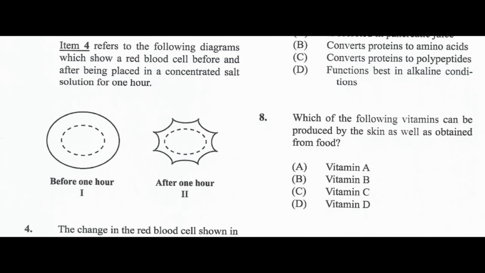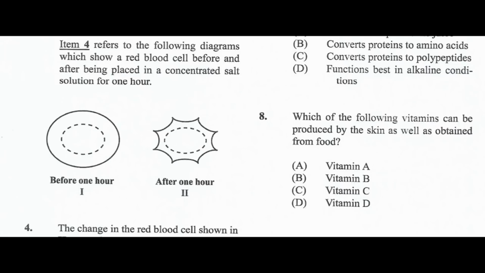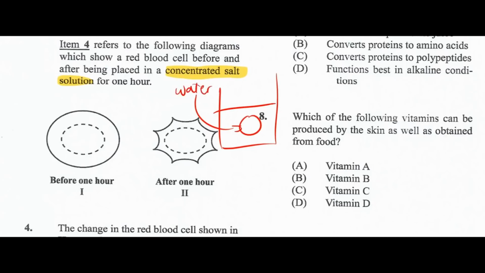Now, item 4 refers to the following diagrams, which show a red blood cell before and after being placed in concentrated salt solution for 1 hour. If we place a cell in a concentrated salt solution, that would mean there is more water within the cell than outside of the cell, so there was more solute concentration outside.